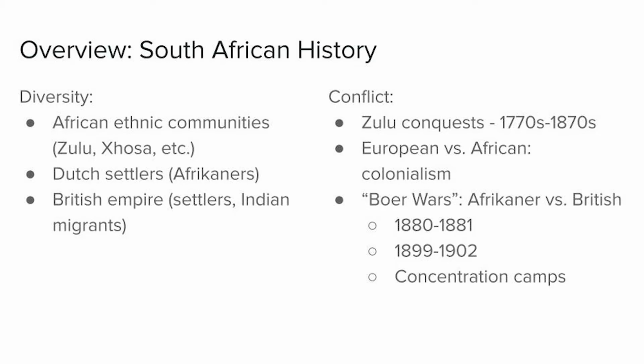The Xhosa people are another Bantu group in South Africa, also pastoralists, with, especially in the 18th and 19th centuries, a long history of conflict with the Zulu. Other Africans in South Africa were agriculturalists, some were pastoralists, and there are some groups in South Africa who were hunting and gathering peoples, even into the 17th, 18th, 19th centuries.